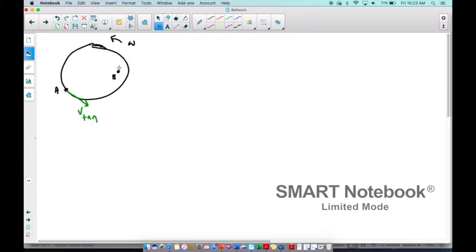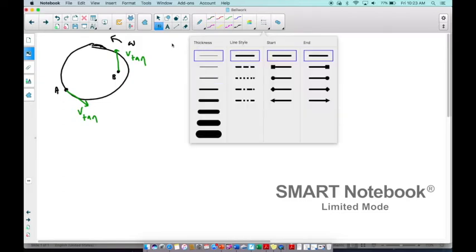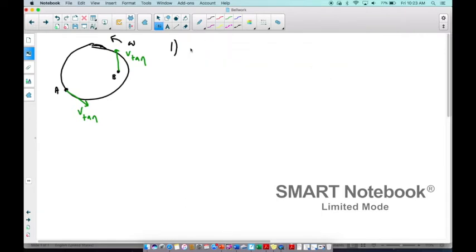For point A, and then here's one for point B. Okay, so there's a scenario, and let's answer some questions about this. So question 1, I want to know which point has the largest linear speed, in other words, the largest v-tan.